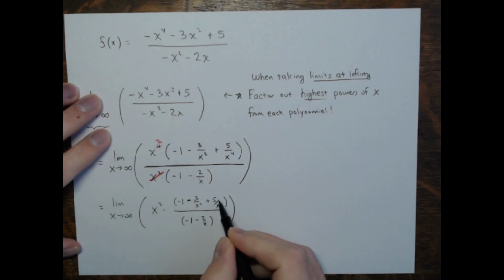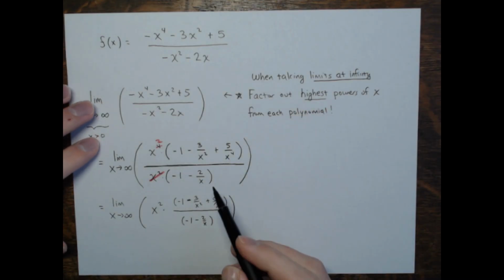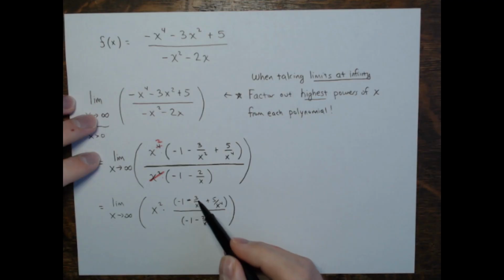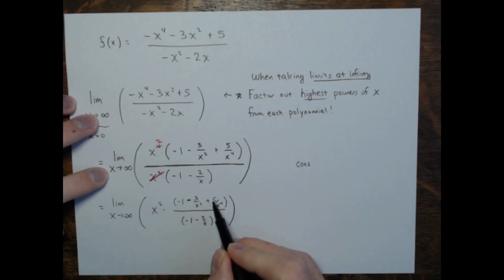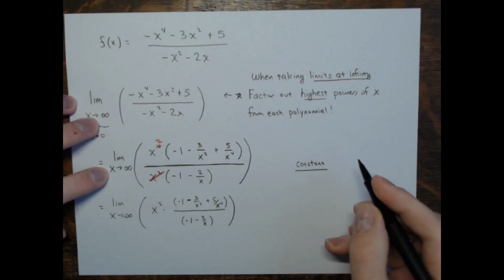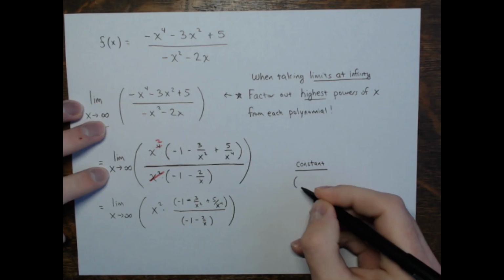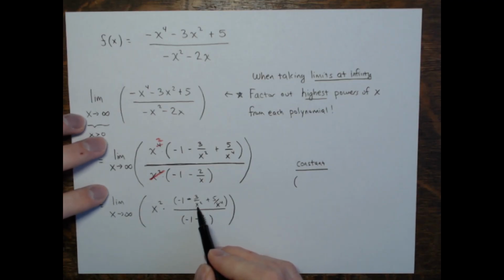Now, in every single one of these fractions, right, the reason we're pulling out the dominant stuff is so you end up with fractions like this, where you have a constant in the numerator, right, -3, +5, -2, and then the denominator, as x goes to positive infinity or negative infinity, you have -3 over x squared, +5 over x to the fourth, -2 over x.